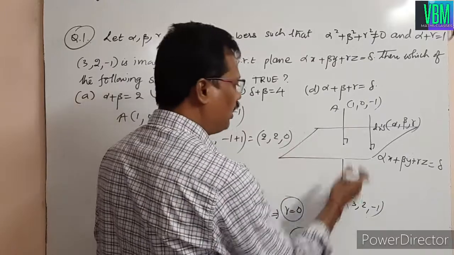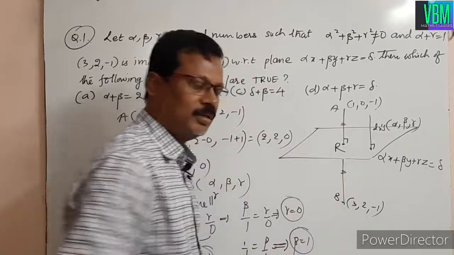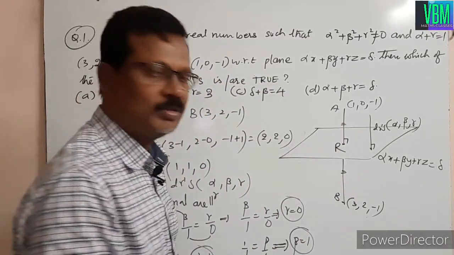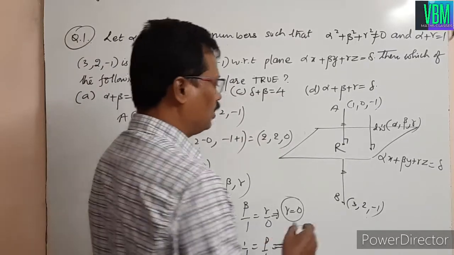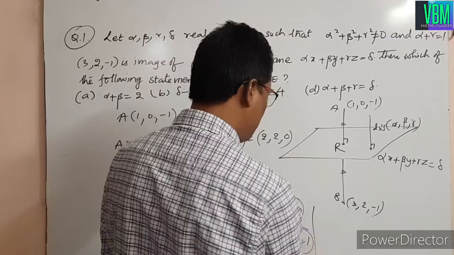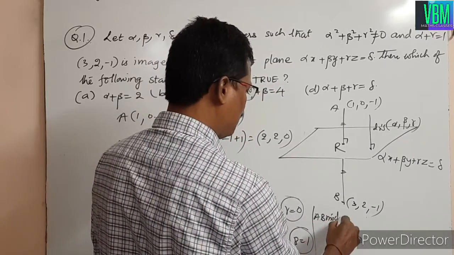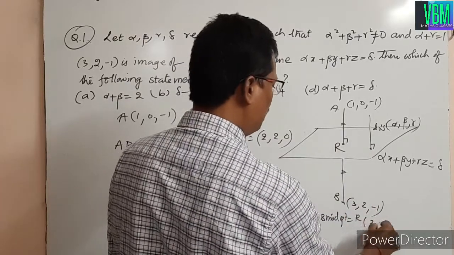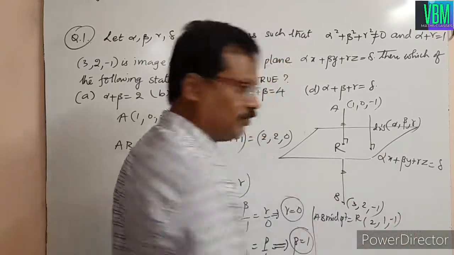Now since B is the image of A with respect to this plane mirror, what is the midpoint of AB? This midpoint of AB will be on the plane, right? Therefore let us write the AB midpoint: x1 plus x2 by 2, y1 plus y2 by 2, z1 plus z2 by 2.